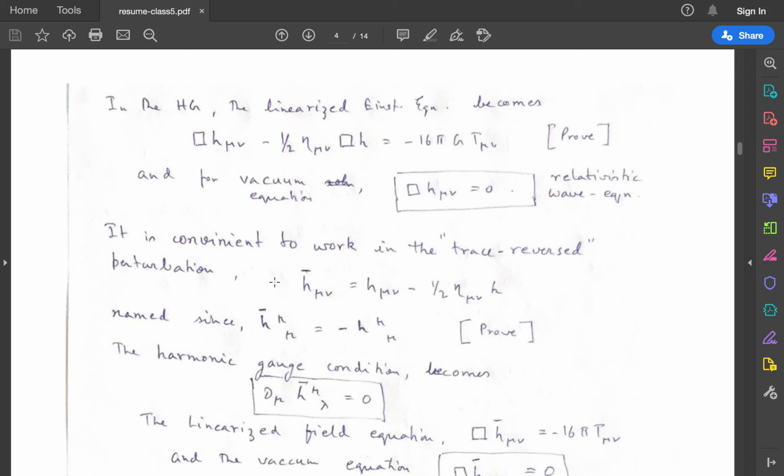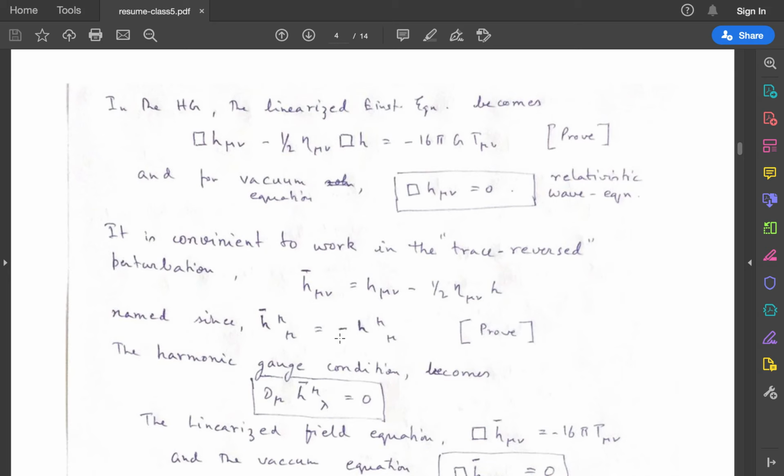What is the trace-reversed perturbation? It is denoted as h-bar_μν, and it is equal to h_μν minus half of eta_μν h. You can guess how it got its name, because the trace of h-bar_μν is the negative of the trace of h. Therefore it got its name as trace reverse.